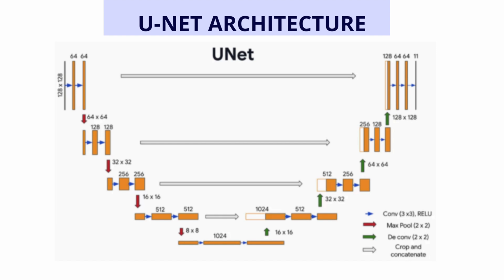Then we do something known as upsampling, where we go on increasing the size of the image, but we reduce the number of features that are being learned. Then we use skip connections to connect both of the results.